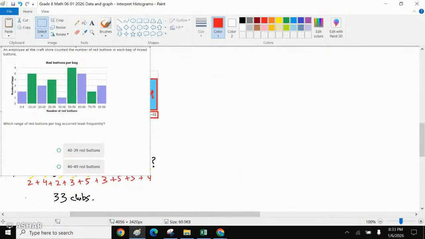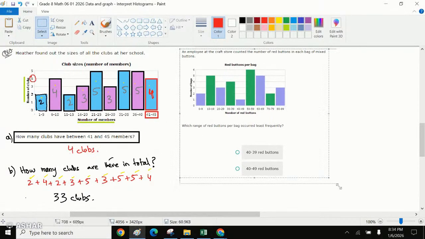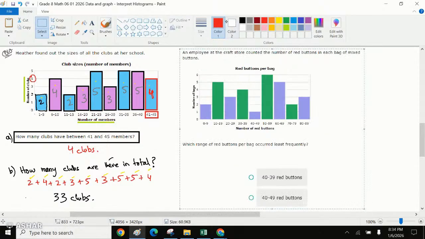So the next question we have is having 2 options as the answer. This is the first question from the test. Okay, let's consider the test. And this is question number 1. What they're asking us is to find, an employee at the craft store counted the number of red buttons in each bag of mixed buttons, right?